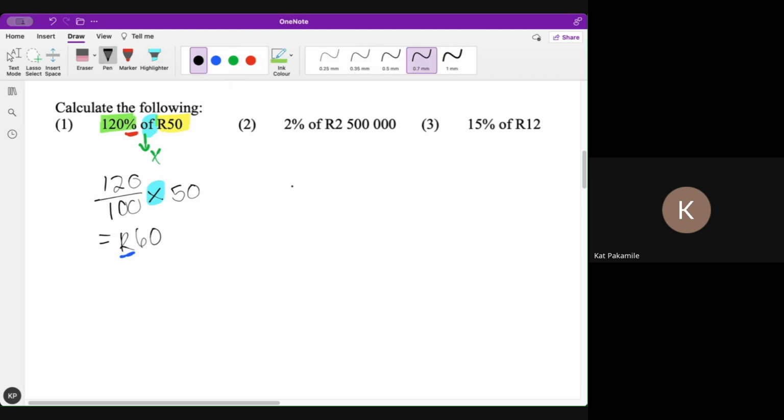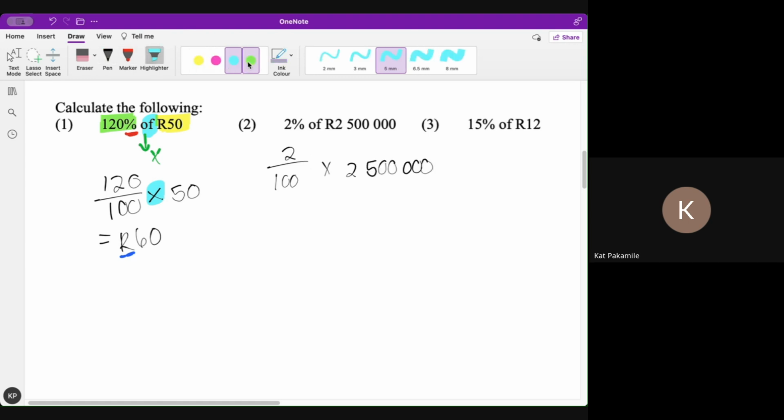All right. We have 2% of 2.5 million rands. 2% of 2.5 million rands. My calculation, I'm going to say 2% of 2.5 million.